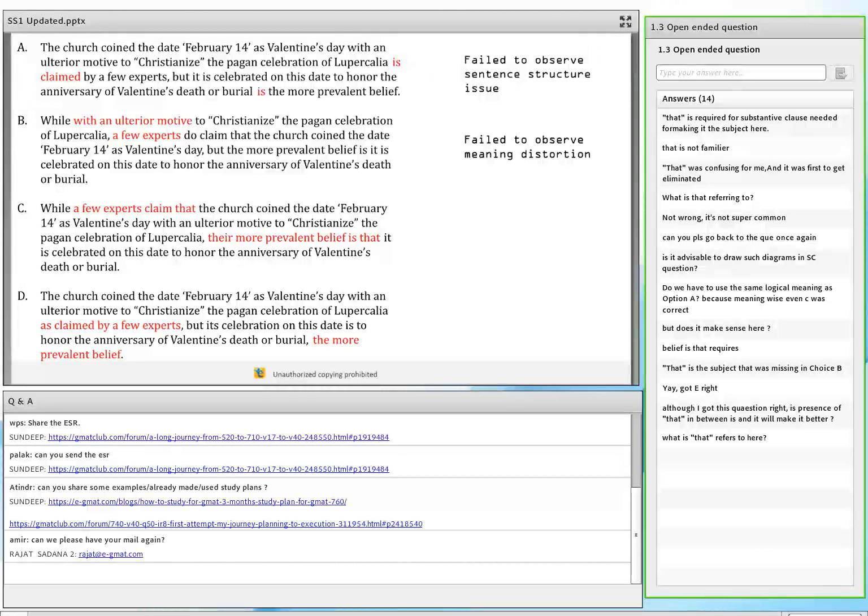Same thing with choice C as well. Now, the meaning distortions in choice B and choice C were very different. Similarly, in choice D, you failed to observe that the author is presenting an opinion, whereas in choice A, the author presented no opinion.